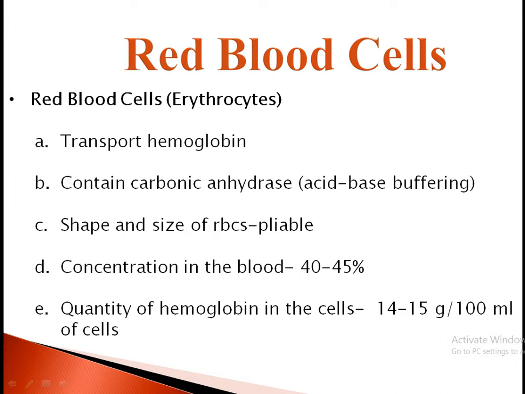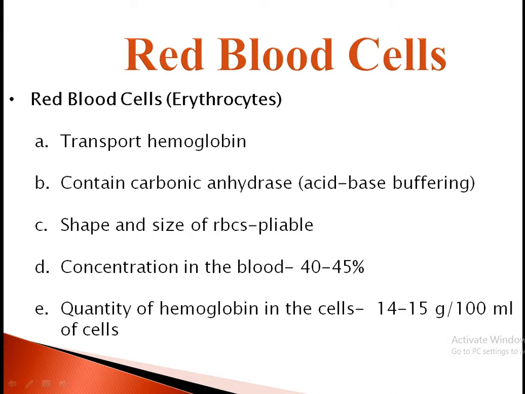RBC have other functions besides transport of hemoglobin as well. They contain a large quantity of a very specific enzyme which is named carbonic anhydrase. This specific enzyme is present in our body at certain specific places, and this may be asked in viva.